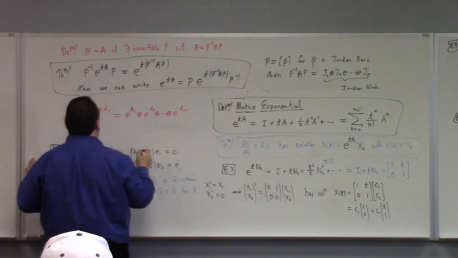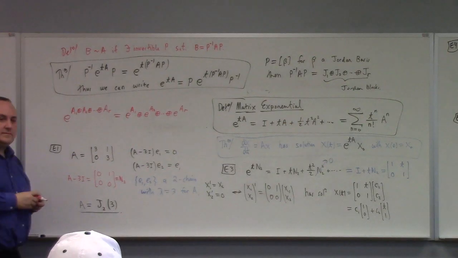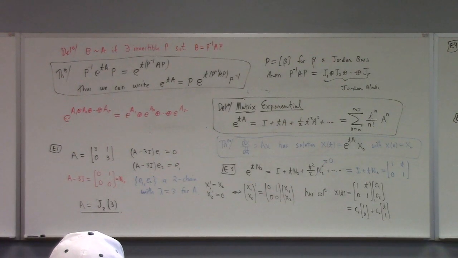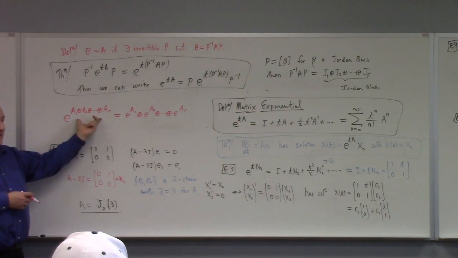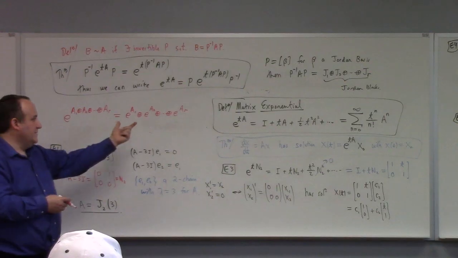This is how the block multiplication works out. Because we're talking about a block diagonal matrix, the power of a block diagonal matrix is simply the block diagonal matrix of the powers. And then the definition gives you this immediately.